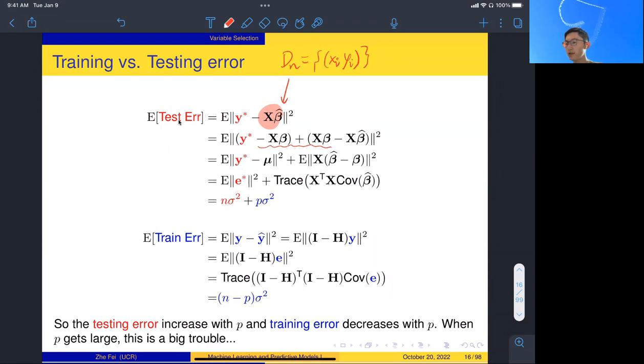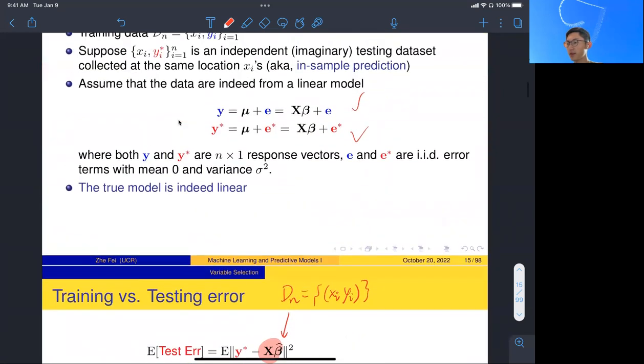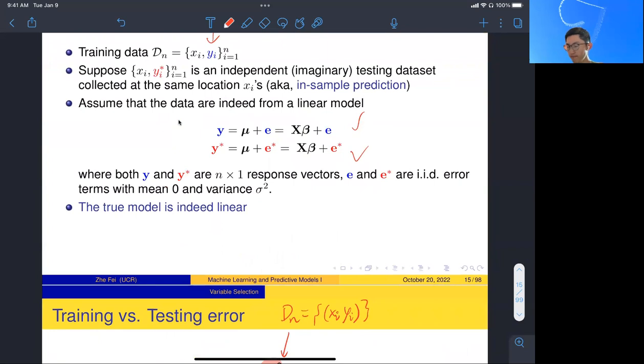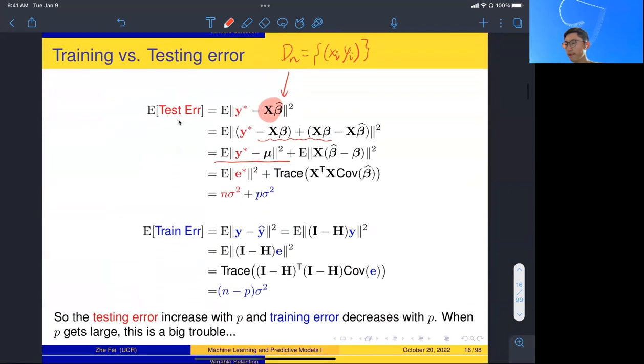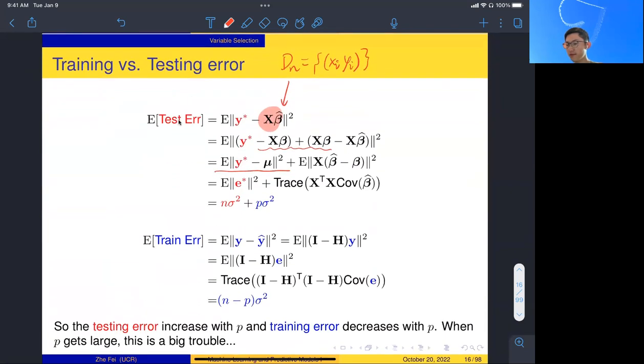The first term, we call the irreducible error. This y star minus mu corresponds to E star in the truth. So the first term is the irreducible error corresponding to E star.